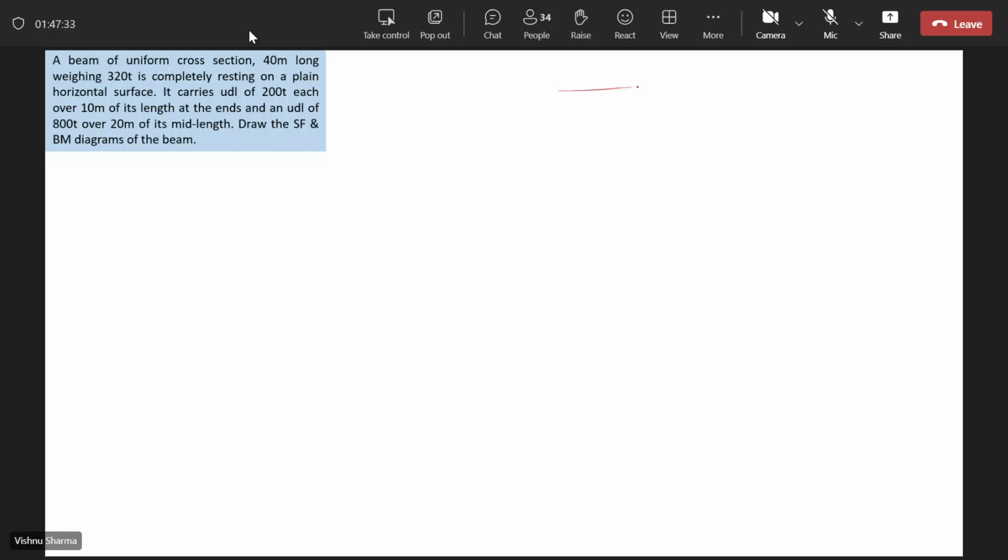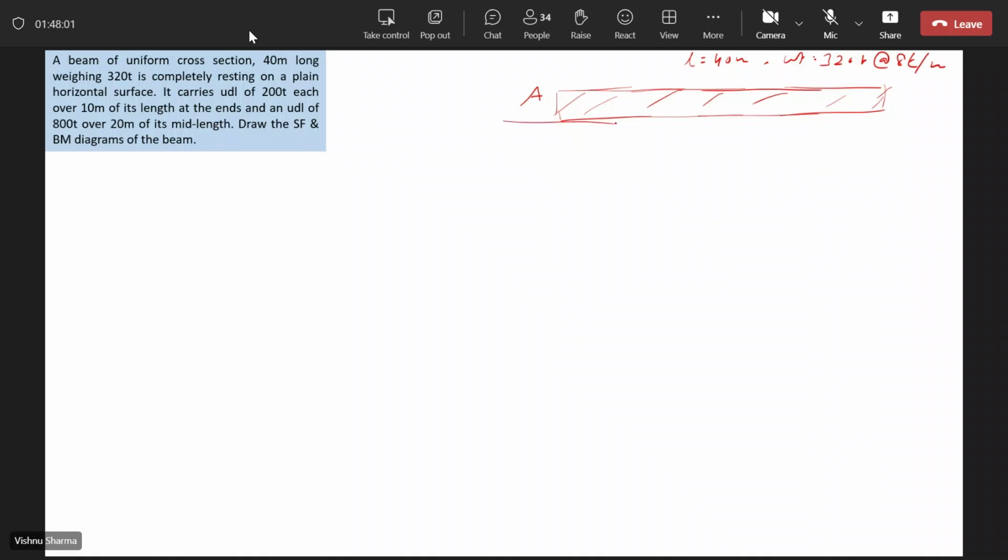Guys, I'm sure those of you who have done this question would have drawn the beam of uniform cross section. You can name it whichever way you want. It is 320 tons, so length is 40 meters, weight is 320 tons at the rate of 8 tons per meter.